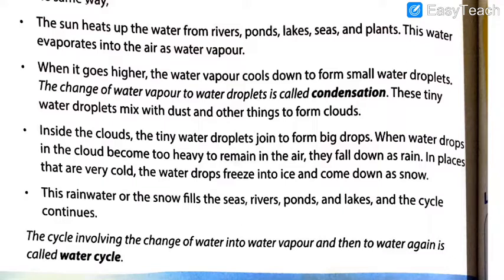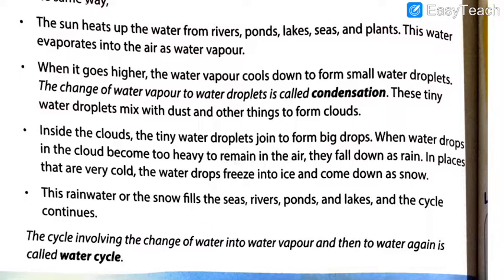So now I hope students you understood how the formation of rain happens. Small water droplets initially gather to form big droplets. And when they become very heavy so that they cannot stay in the cloud or in the air with the dust, they fall down.